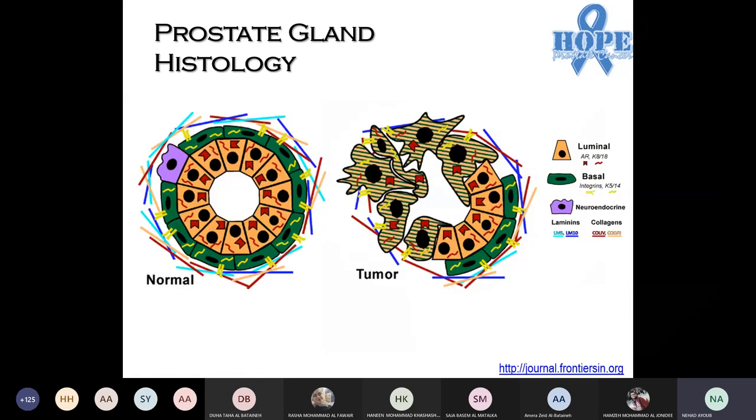They start to invade and migrate. Instead of being supportive, non-migratory, and non-invasive as they normally are, they not only grow out of control, but also acquire an abnormal phenotype or behavior, so they can invade the surrounding tissues.